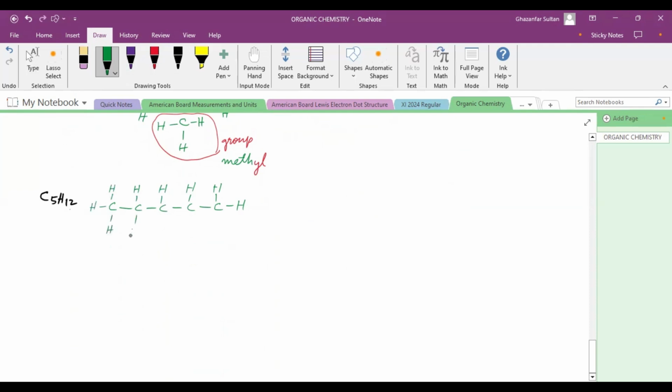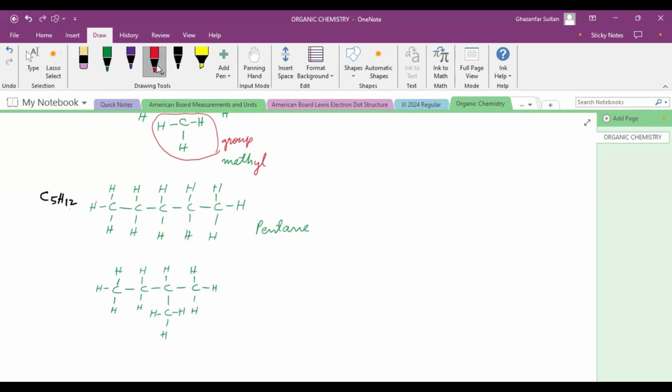So this is another important organic molecule. If you write its name, it is simple pent because 5 carbon atoms are there, and because all the carbon-carbon bonds are single, it is pentane. But it can be arranged like this.